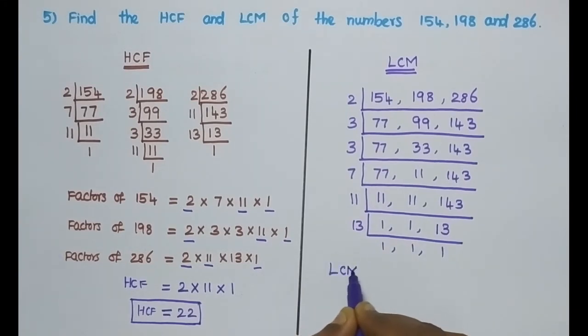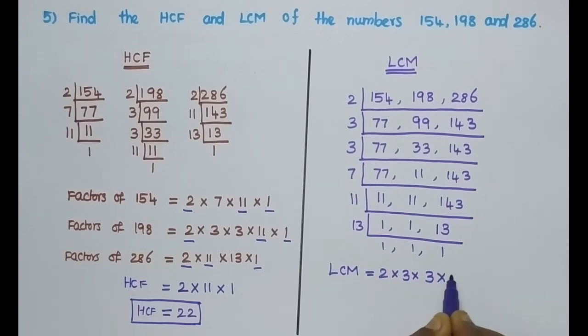So LCM equal to 2 into 3 into 3 into 7 into 11 into 13. Multiply these numbers. 2 3s are 6, 6 3s are 18, into 11 7s are 77, into 13.